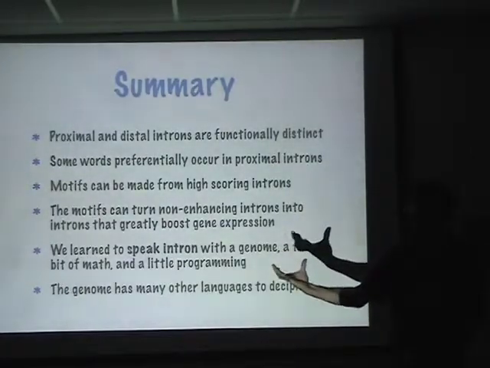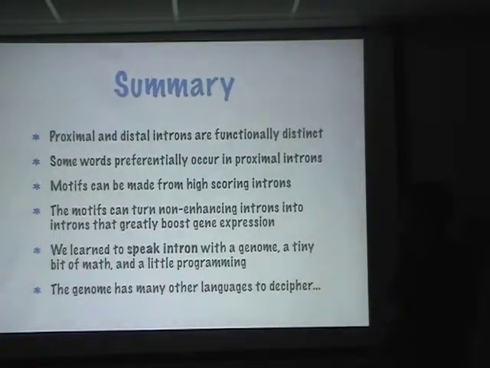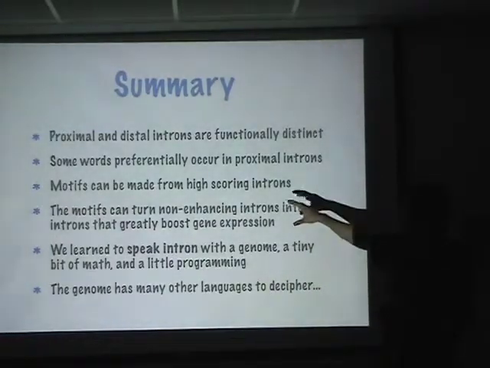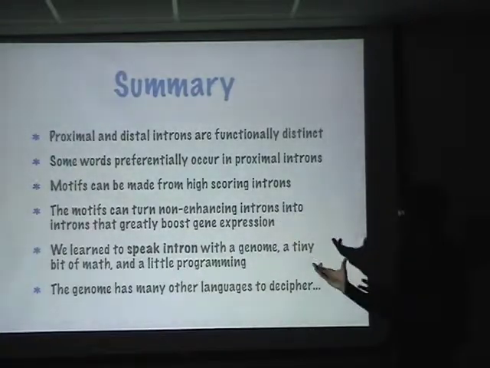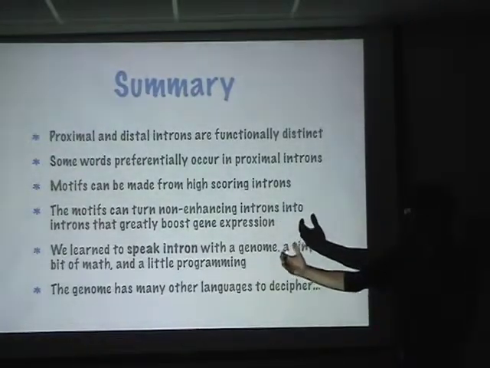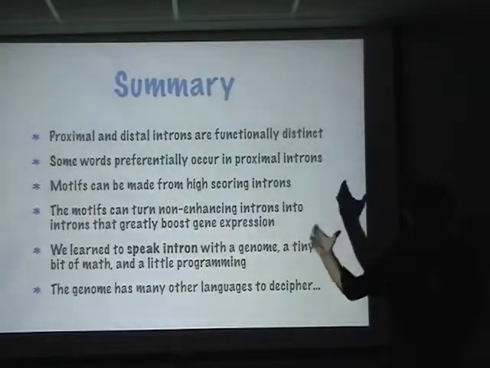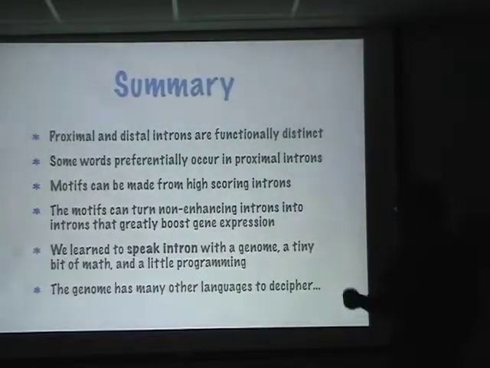Those things happen in one place that don't happen as much in the other place. We can make these motifs, these patterns from these high-scoring introns, and then turn non-enhancing introns into something that's quite golden. Basically, it's like we've got a book in English and translated it into something Elvish. It's not a very good analogy.